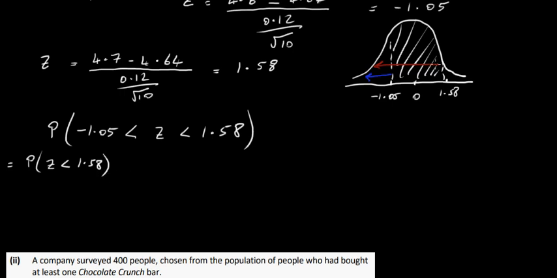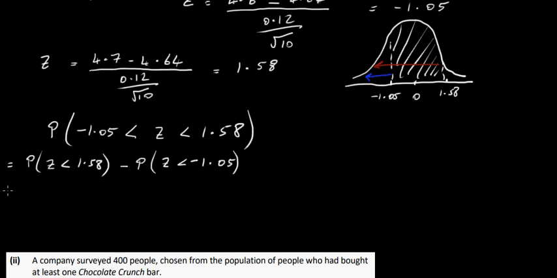So that's this red area, all this area down here, minus the probability of z being less than minus 1.05. Now this here we can work out, we can just use our tables. We have a less than and we have a positive value here.